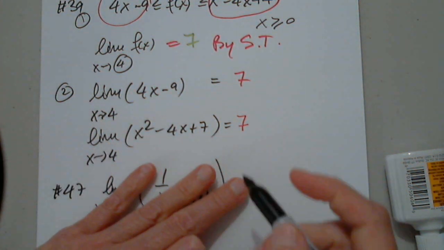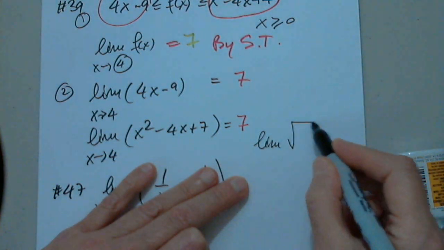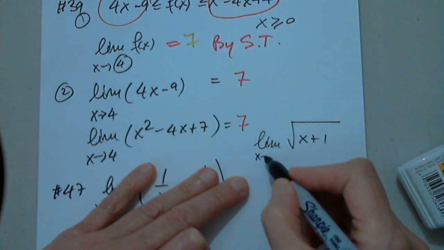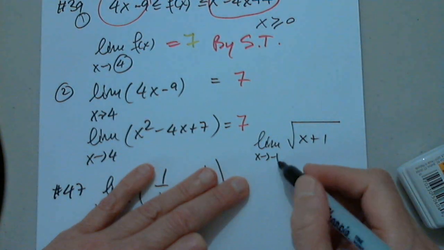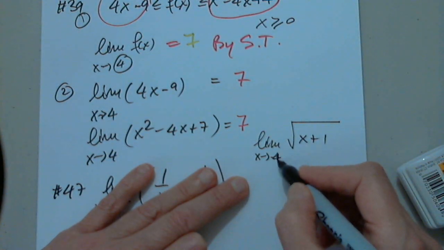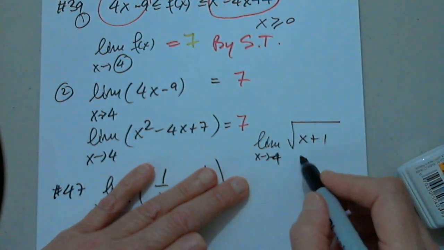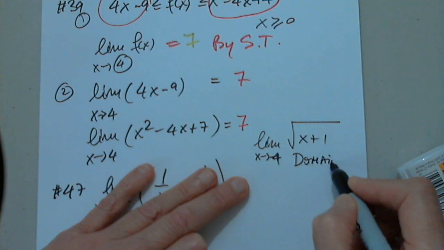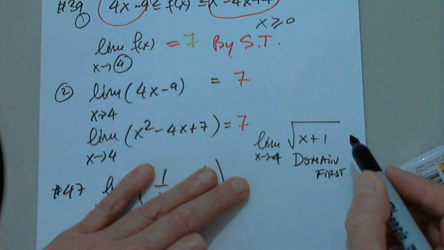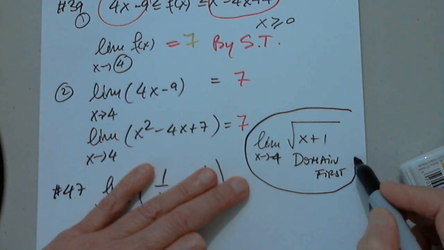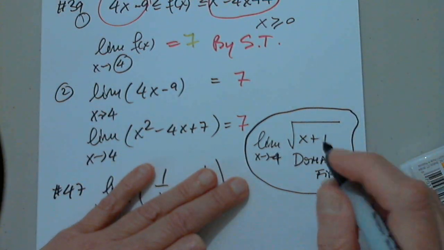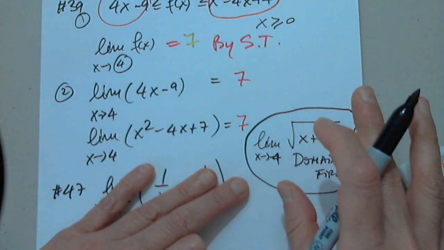Also, when we encounter something like the square root of x plus 1, or minus 4, or whatever you want to put in here, we have to find the domain first. So I can only think right away about these two situations. Okay, we're not plugging in.